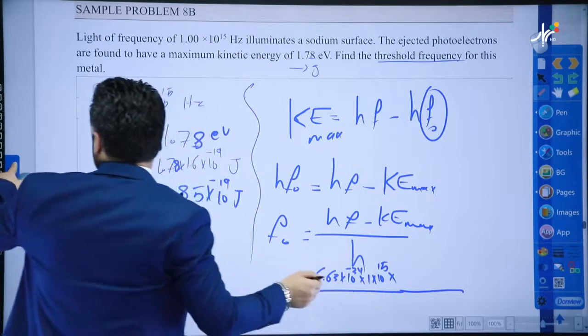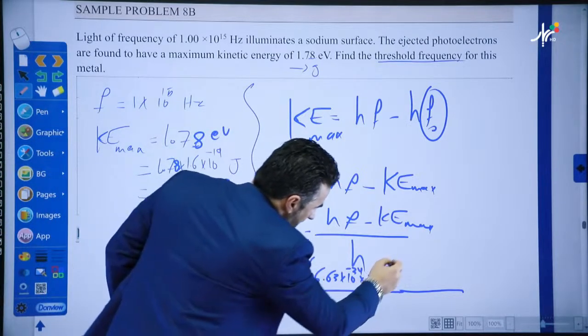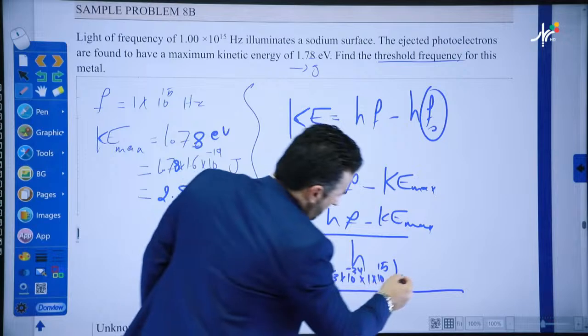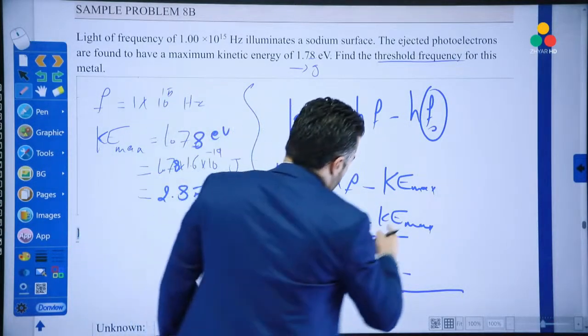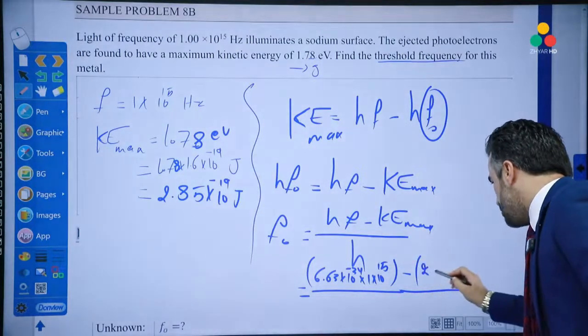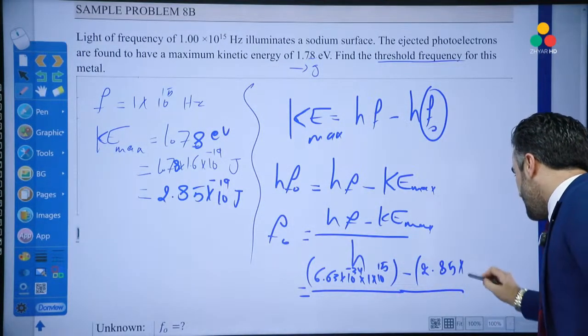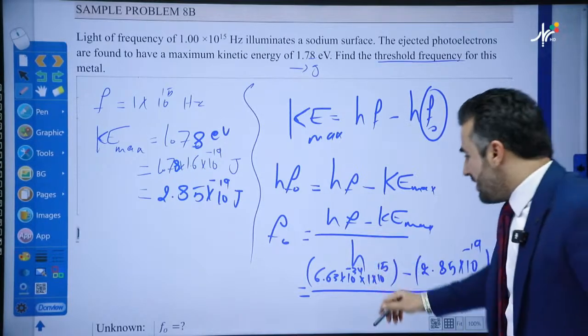Then, of course, minus the energy we have. You can put it in a bracket so that you don't get confused or make mistakes while you're calculating this. And then minus the kinetic energy. We said the kinetic energy that we have is 2.85 multiplied by 10 to the power negative 19 joules, divided by Planck's constant.